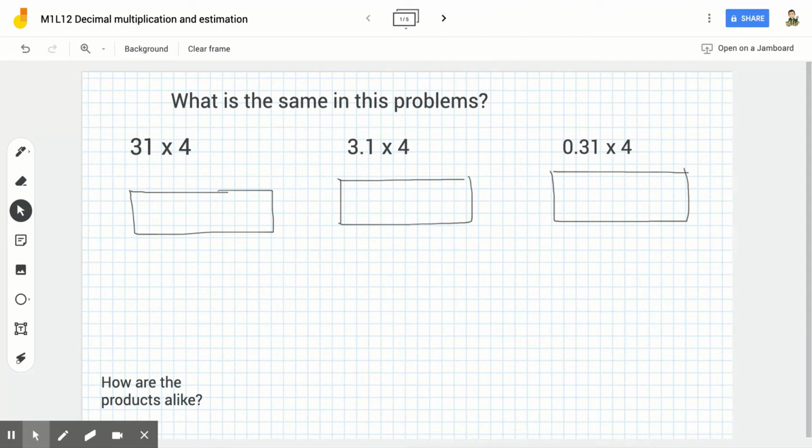Whatever I do, I'm breaking it into two pieces. So if I was to do this, it would be 3/10 and 1, times 4.